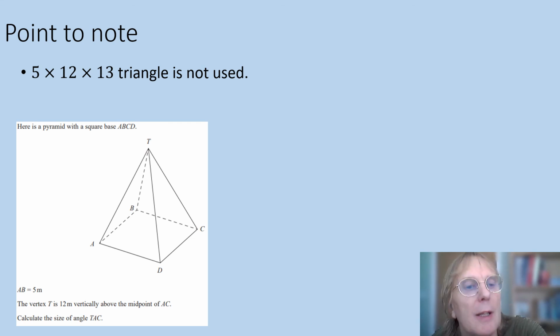A point to note: when we first look at this question, the first thing I notice is it's 5 meters and 12 meters. Now 5, 12, there's a 5, 12, 13 triangle, but it's not used. It's not used because it doesn't fit anywhere on this. So they've used the numbers 5 and 12, and you think it's going to be the 5, 12, 13 triangle for Pythagoras, and it's not. So it's just a point to make sure you notice that.